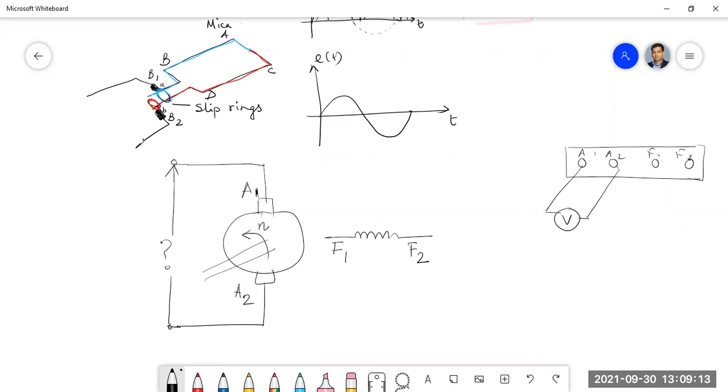And you should have some flux generated by the field coil, so that in the voltage expression, E equals ZPΦN by 60A, these are basically constants. So the only things you can vary are these two. So these two you have to provide. Then only you can get this.